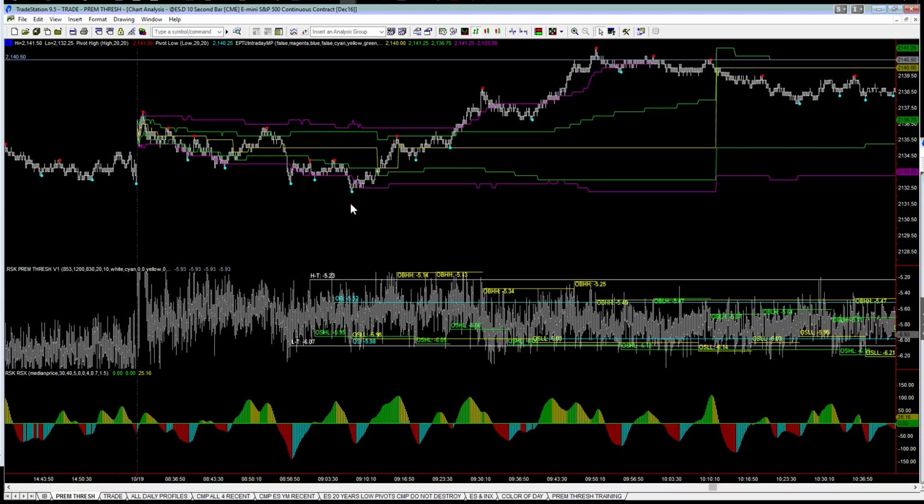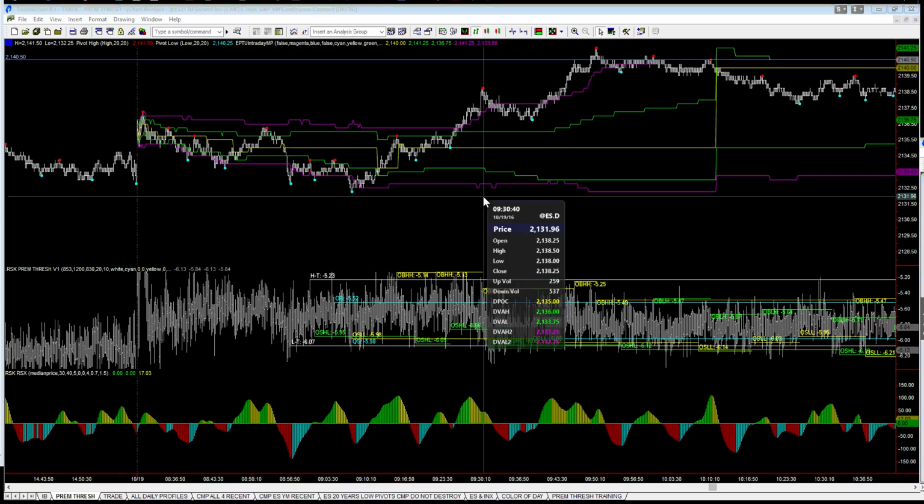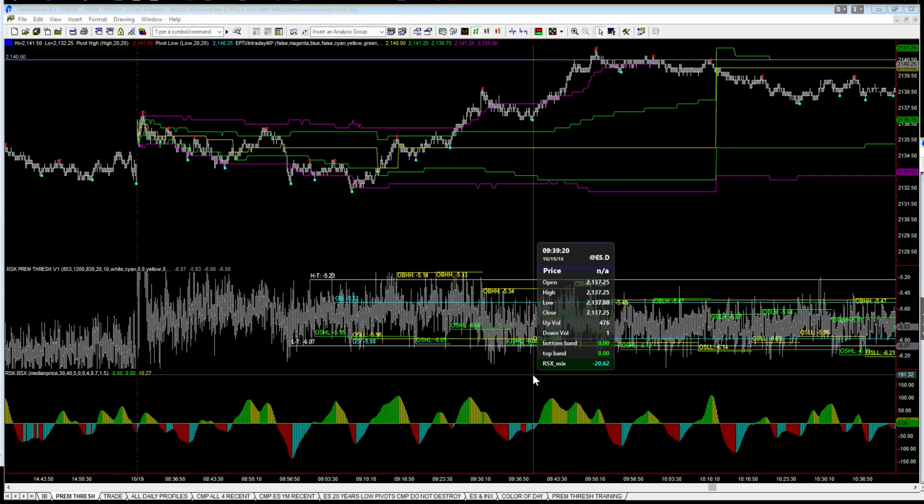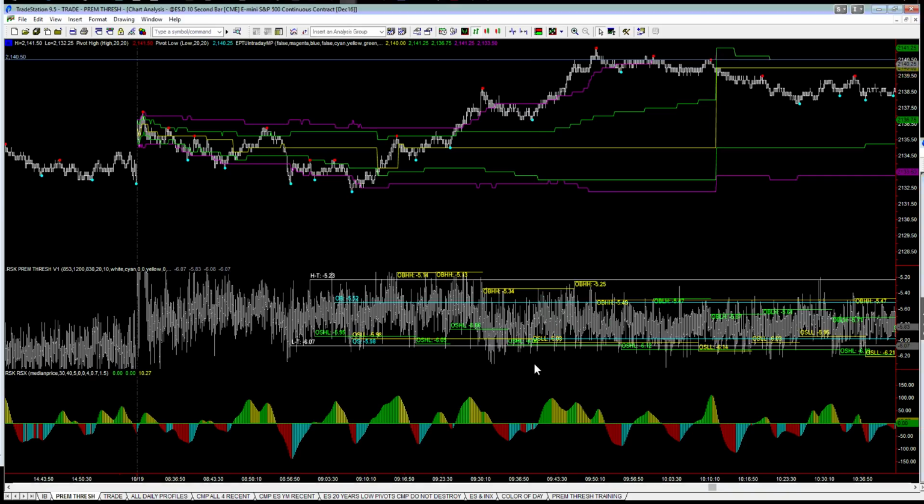So in anticipation of hitting this home run level, we watch carefully how the premium is developing, and we got a fairly strong overbought situation right here, but that's not yet where we need to be.